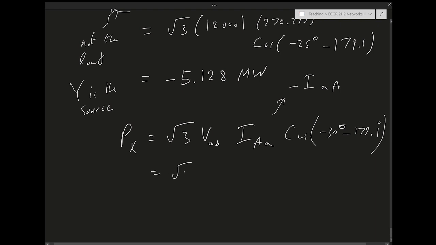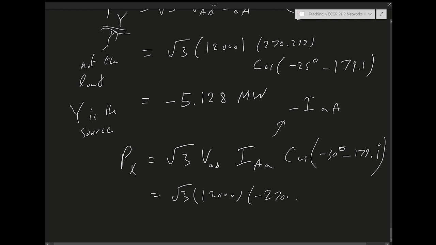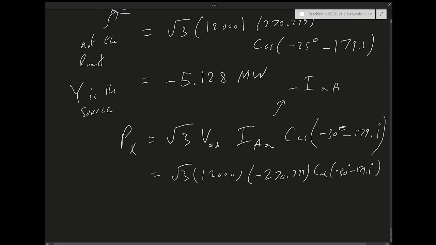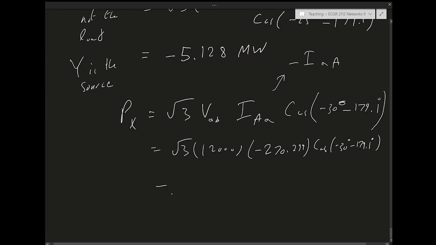Right? And this is square root of 3, 12,000. This is the negative, so this is going to be minus 270.299. Cosine minus 30 degrees minus 179.1 degrees. If we do this calculation, we end up with 4.909 megawatts.